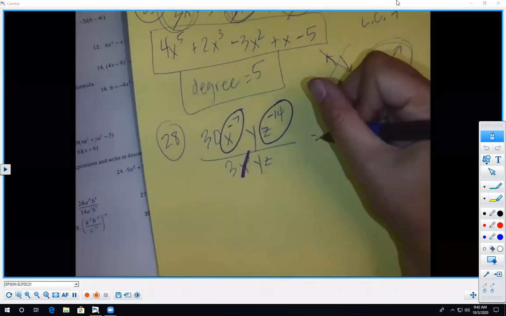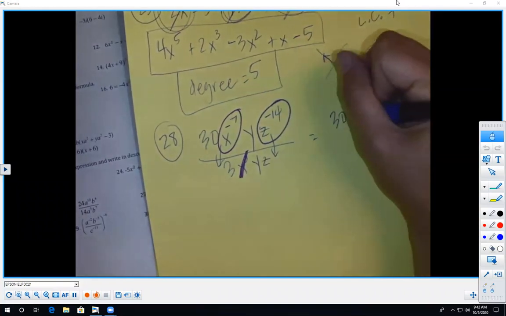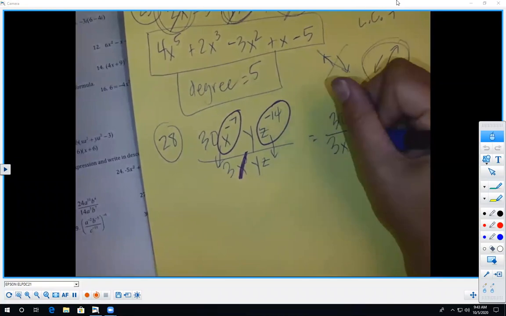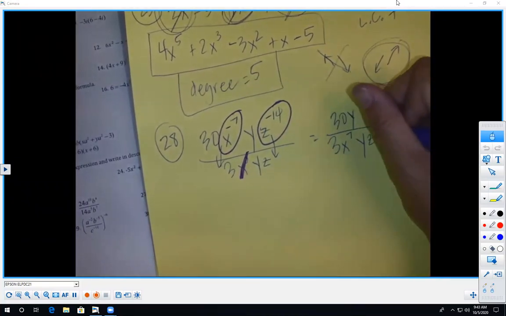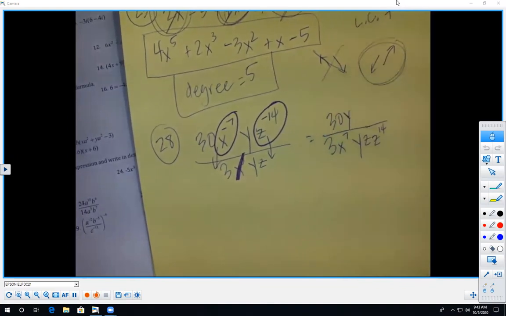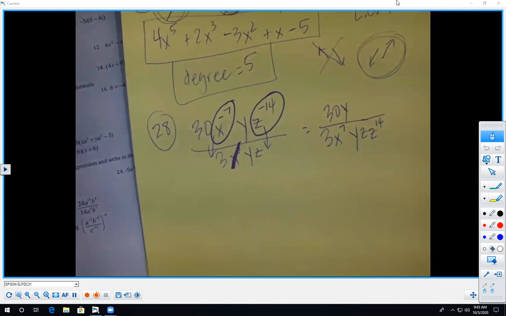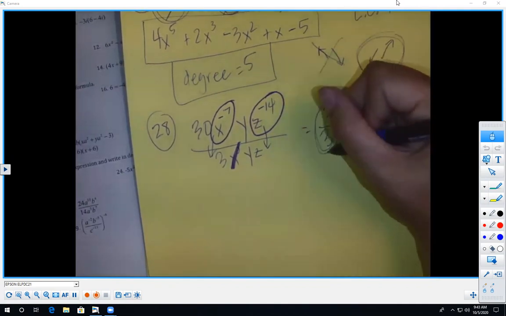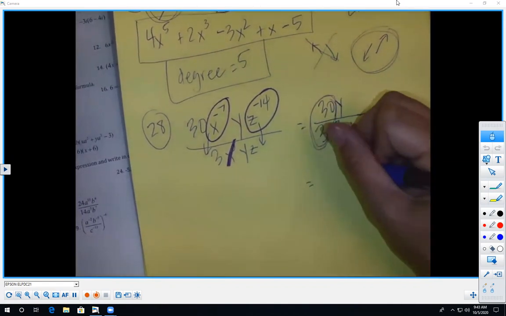So these are both moving down. So I get 30y on top over 3x to the 7th, y, z, z to the 14th. From there, the 30 and the 3 reduce to what? 10 on top, right?